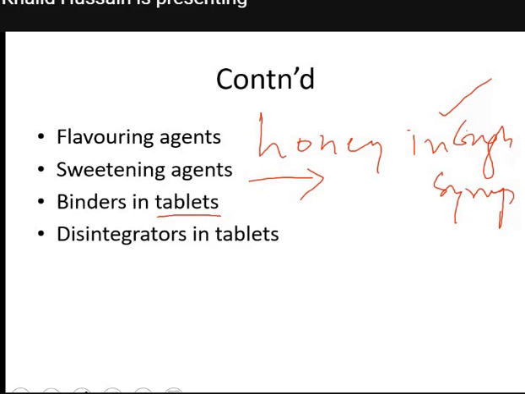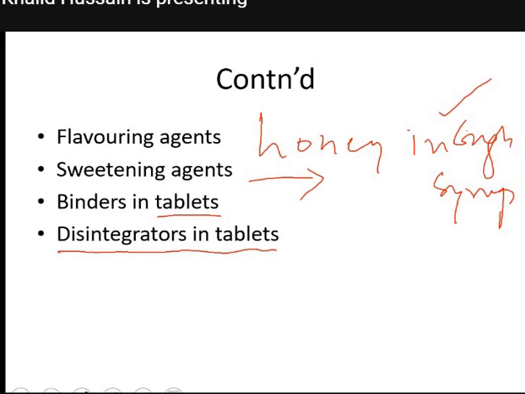Then disintegrants are also present in the tablet. When we put the tablet in water, the tablet disintegrates. Disintegrants are also carbohydrates. Most tablets contain binders and disintegrants.